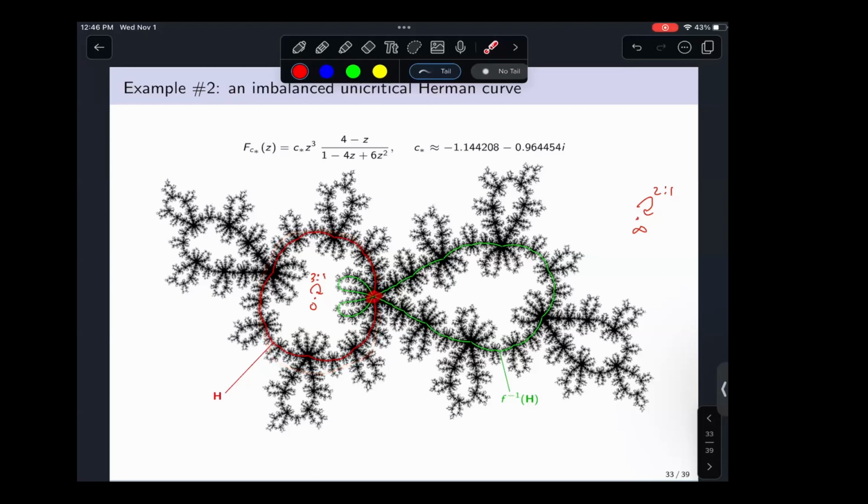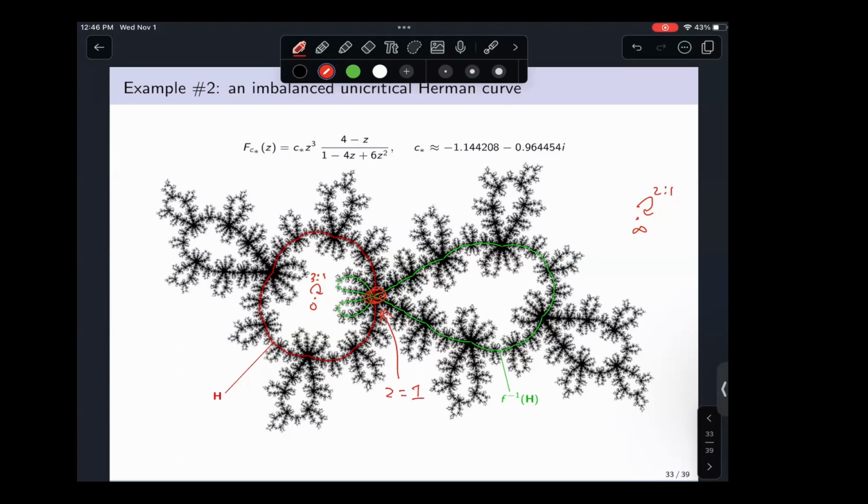Okay. So what happens is if I take 3 images, then we have these 2 inner bubbles inside and 1 outside. I can also easily compute the corresponding formula for the rational map. And this is the one that I had. What I do here is I normalize the critical point to be z equals 1.